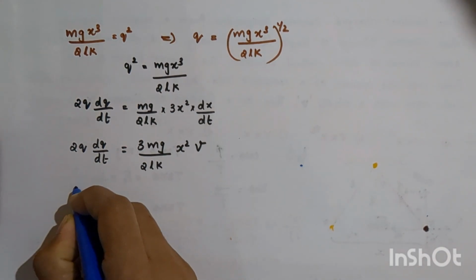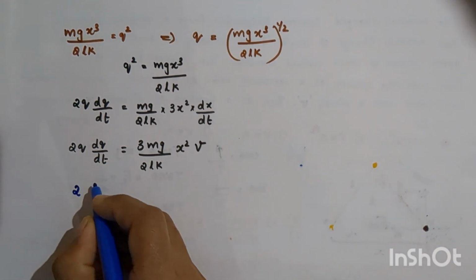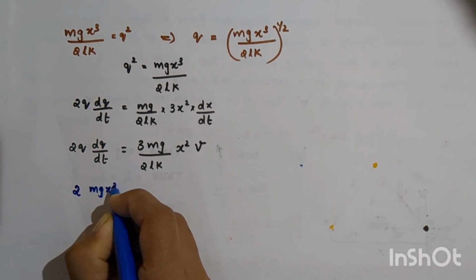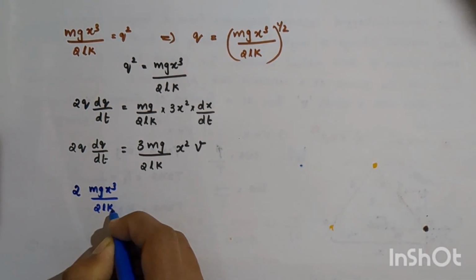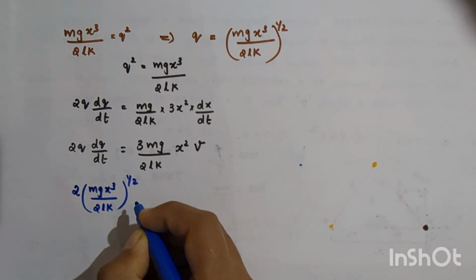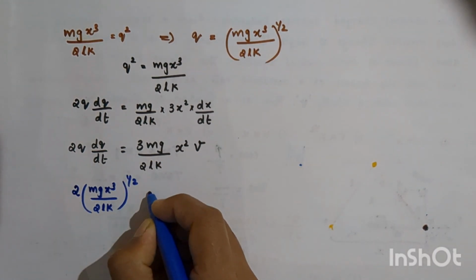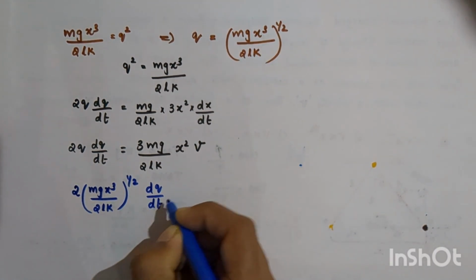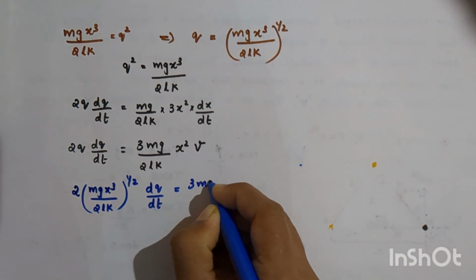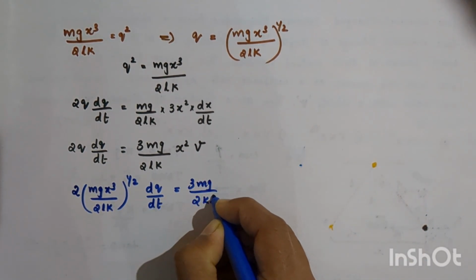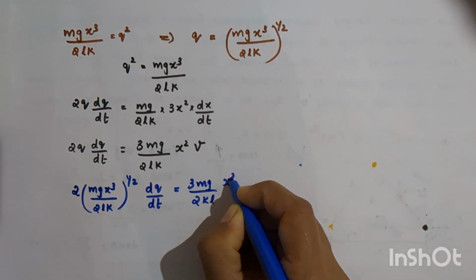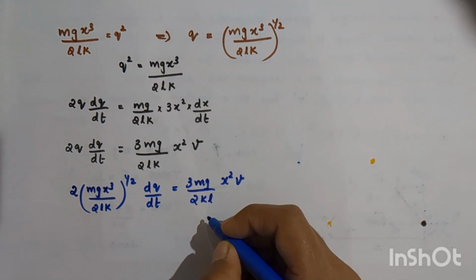So this becomes 2 into (mg x cube divided by 2lk) raised to 1 by 2, into dq by dt, is equal to 3mg by 2kl into x square into v.